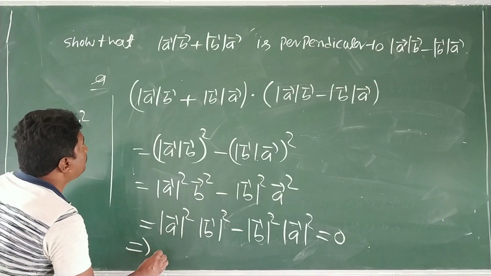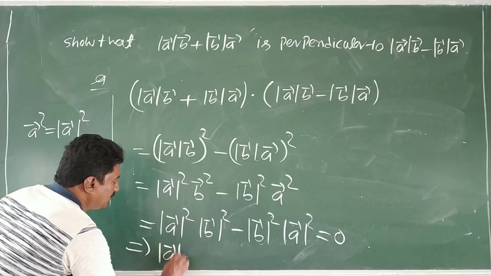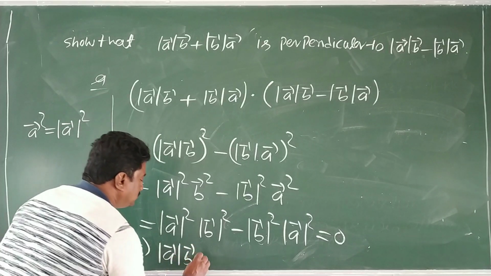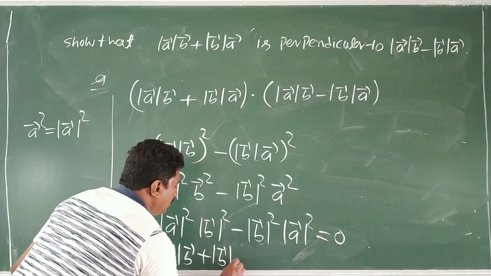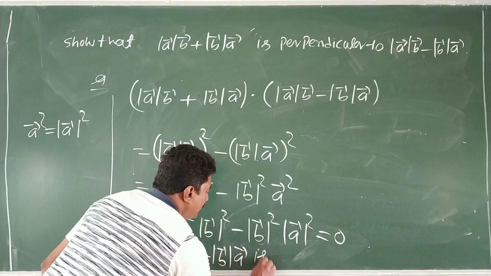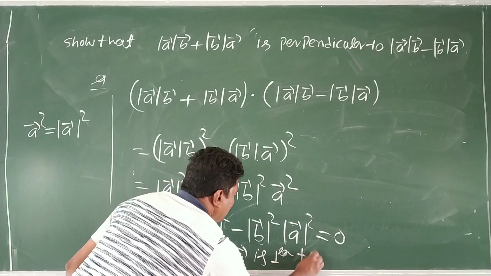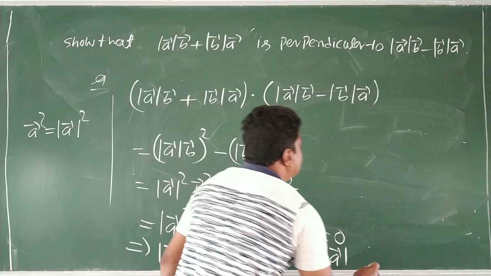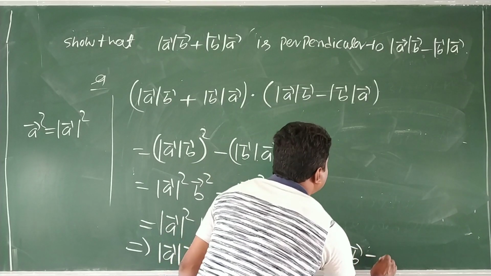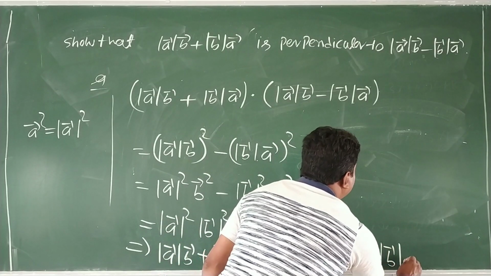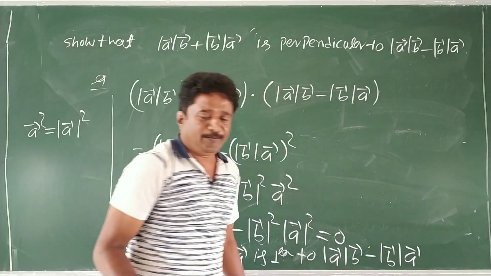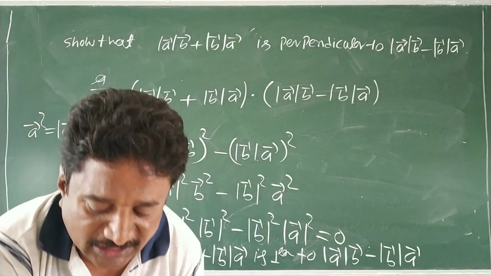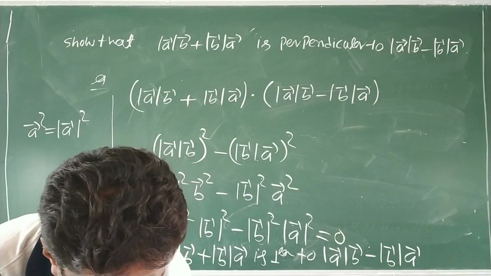Length of vector A into B plus length of vector B into A is perpendicular to length of vector A into B minus length of vector B into A. I hope you understood this, students. It's a 3-mark question. Now let us solve one more question.